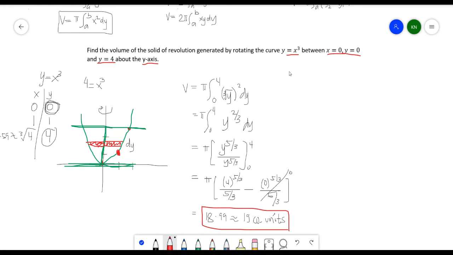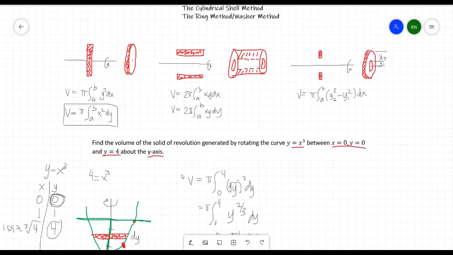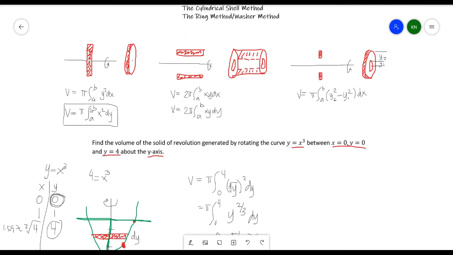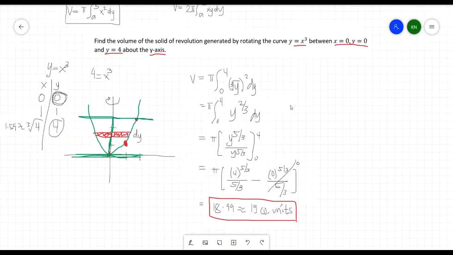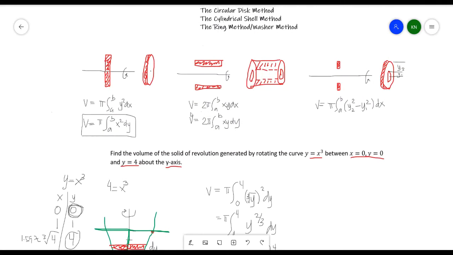Since for the previous example we used the equation for the circular disc method, now we will be solving this problem using the cylindrical shell method, meaning we'll be using this equation for cylindrical shell. But the graph is the same. It's just that the strip will be different, because as we know, the strip for cylindrical shell is parallel to the axis of rotation.